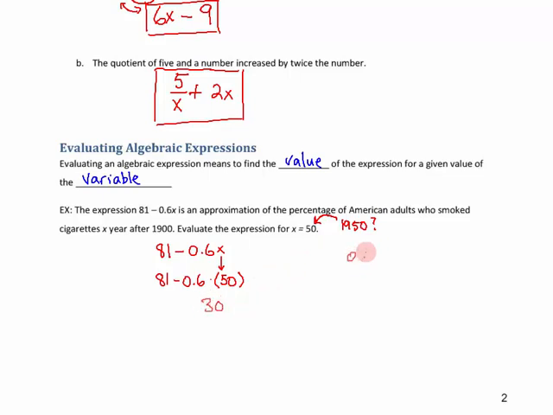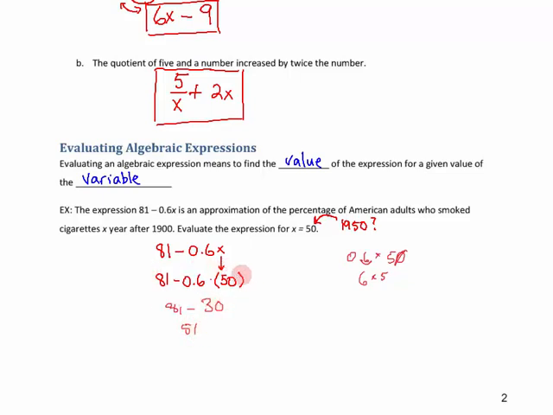Because if you take 0.6 times 50, remember that when you multiply by 10, you move the decimal place 1 to the right, so you get 6 times 5 is the same thing as 0.6 times 50. So anyway, that's 30. So you have 81 minus 30, which gives me 51.